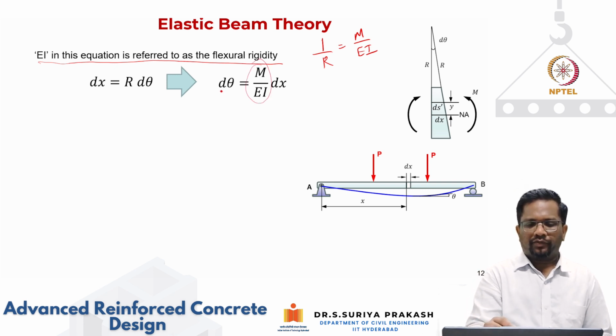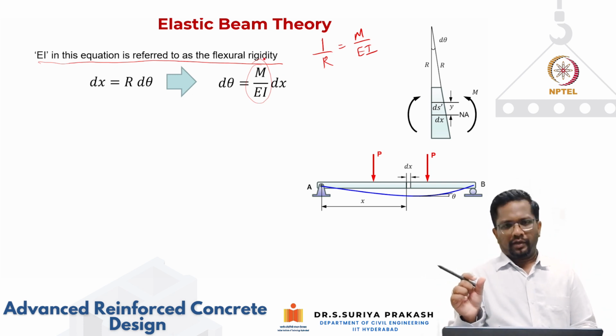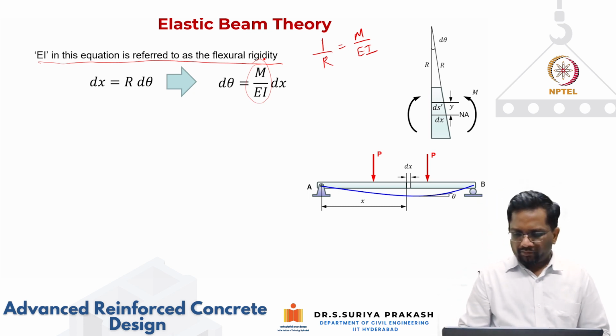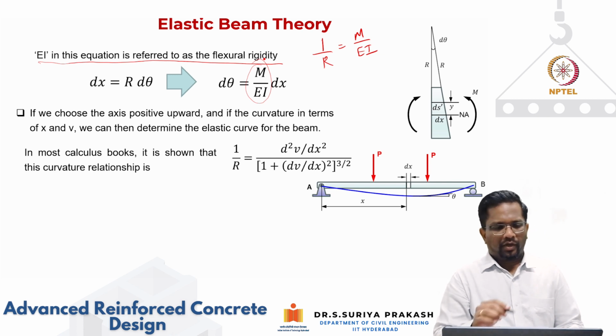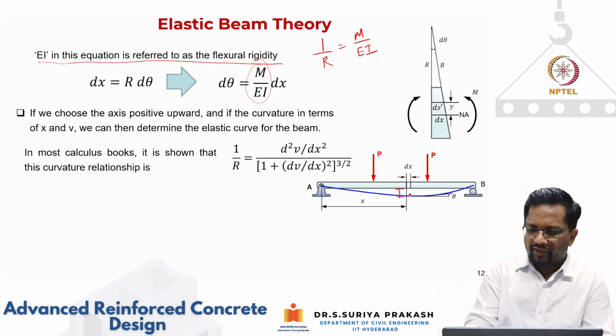So if I need the change in rotation, what do I have to do? I have to multiply the curvature by the elemental length, or in other words, integrate the curvature for a small elemental length dx. Now, let's say this is your deflection v.